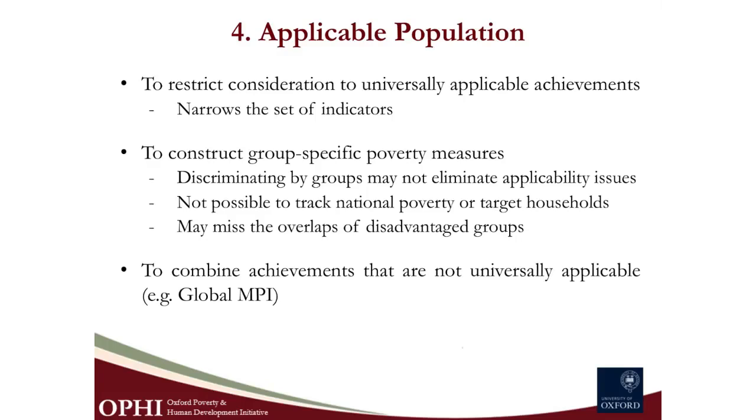The first possibility is we construct a poverty measure that uses only indicators applicable to everybody, a universal measure. What's the problem of this? Is that the set of indicators that we can consider is going to be much smaller. There will be things that we cannot collect for every individual.